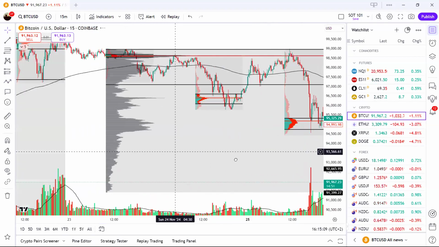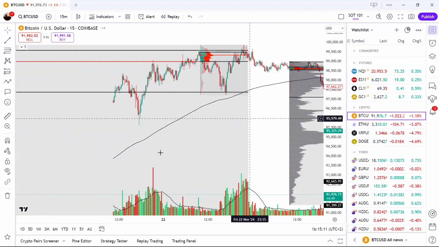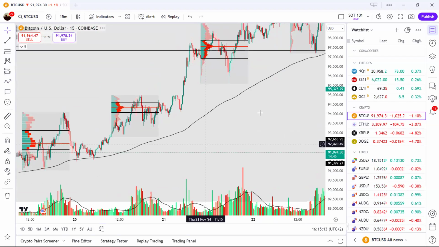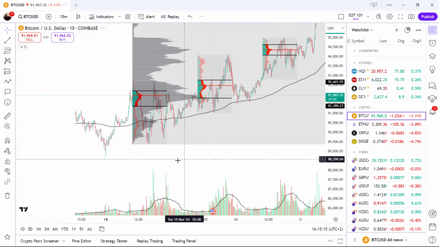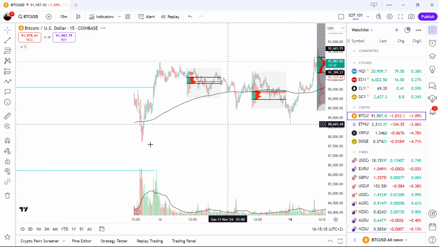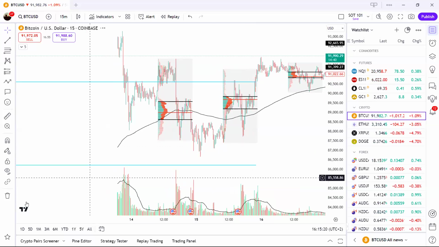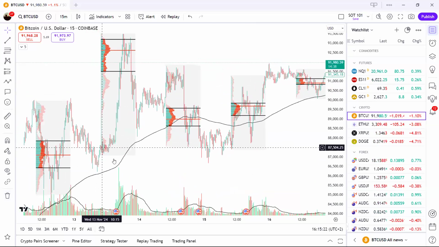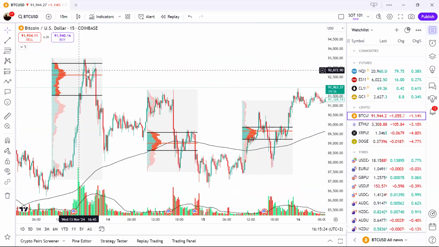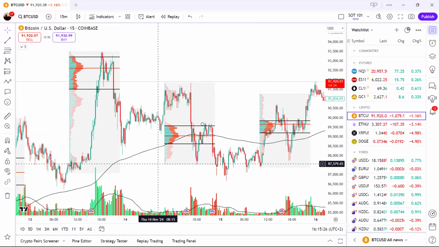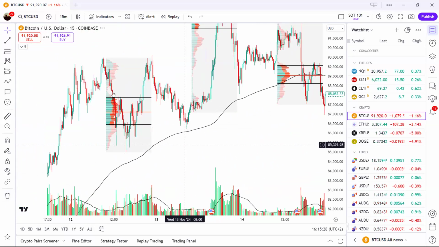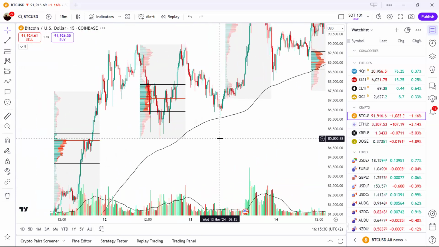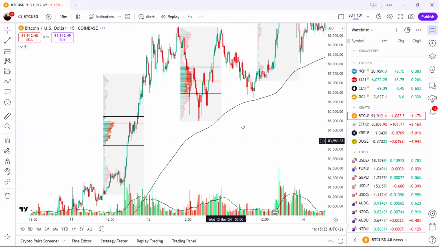Okay. Let me just go look for a really decent double top and double bottom. But I don't think we will see a quite decent double bottom. Like this is a bit of a double top, not really. Nice inverted head and shoulders pattern.